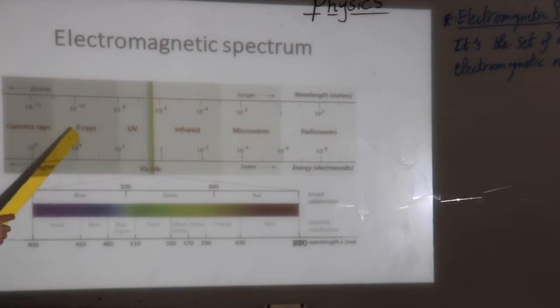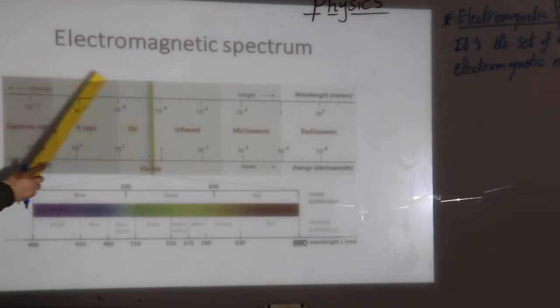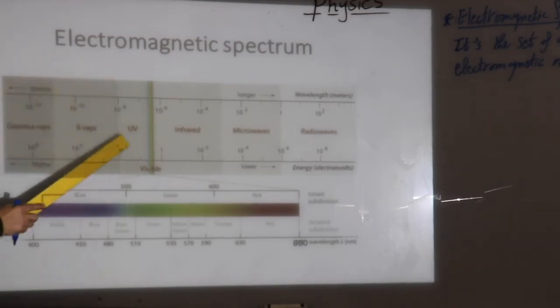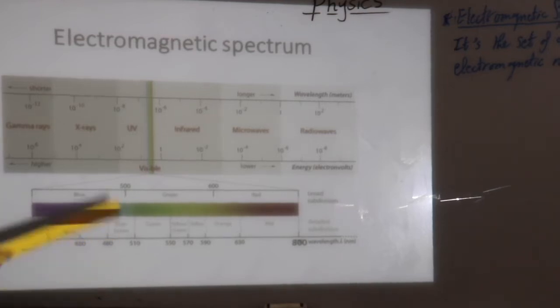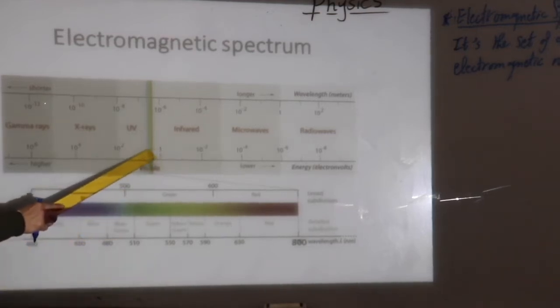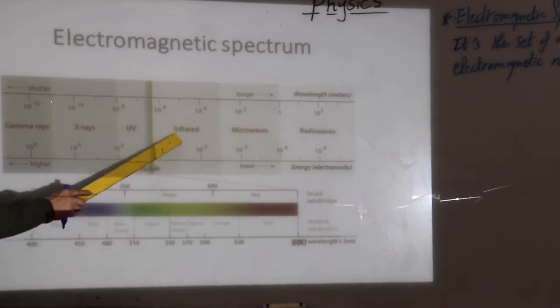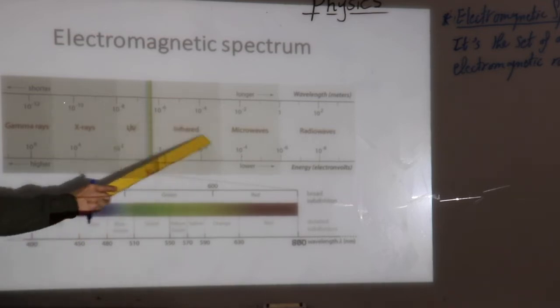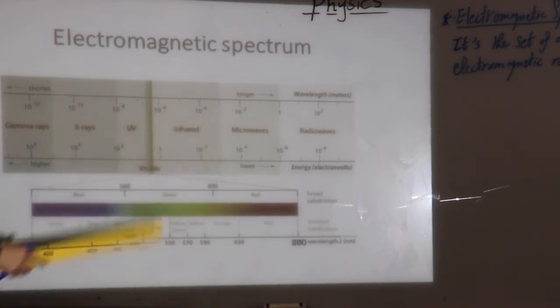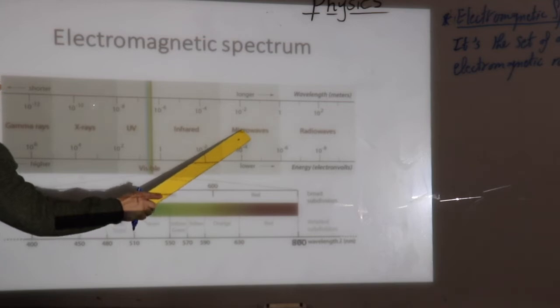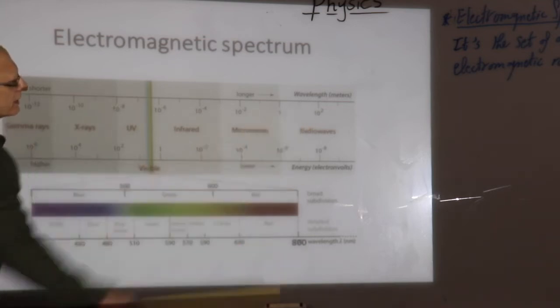Similarly, X-rays have a range, from a minimum value to a maximum value. Then you have the ultraviolet, as you know. Then you have the visible light. Then you have the infrared, which also has a range. Then you have the microwaves, and finally you have the radio waves.